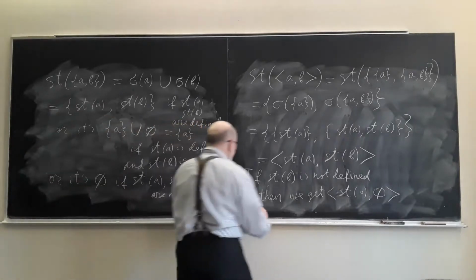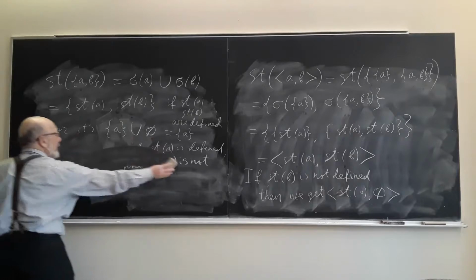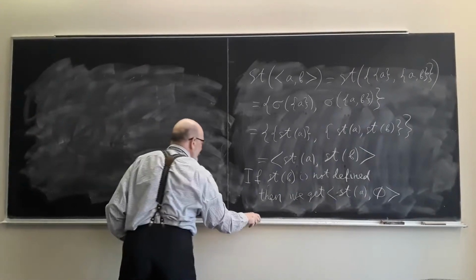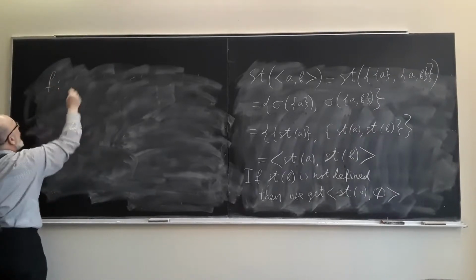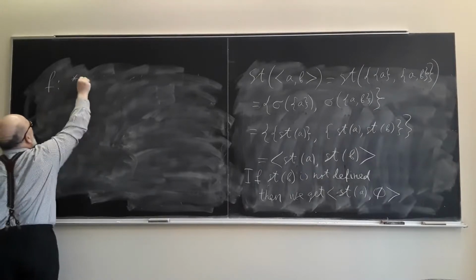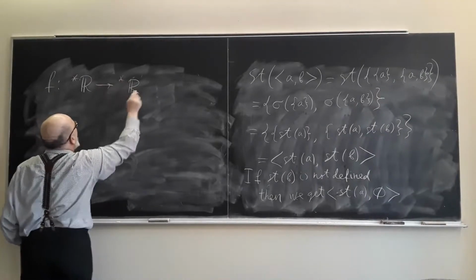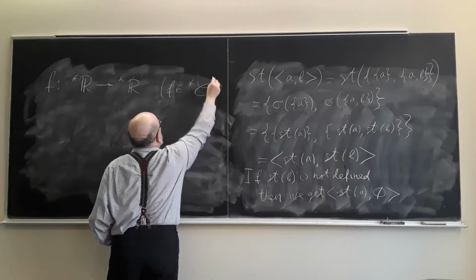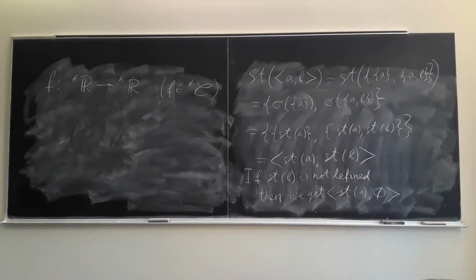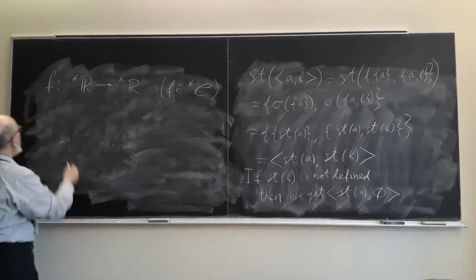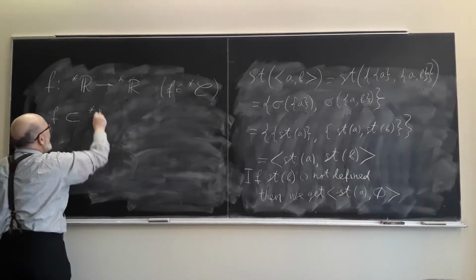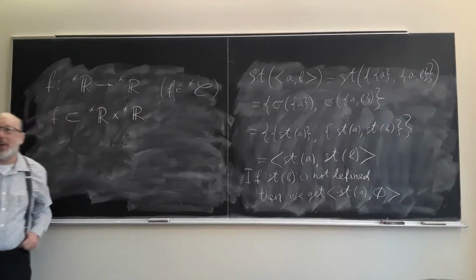Okay, now let's consider a function from standard R to standard R, some function in standard C. So it has a meaning from standard R to standard R, and F is a subset of the Cartesian product standard R times standard R. Let's take the graph of this function.